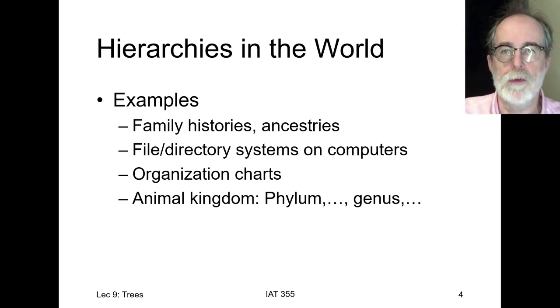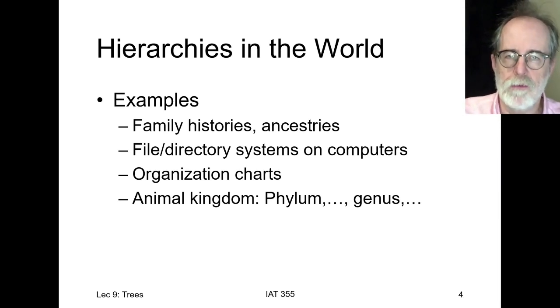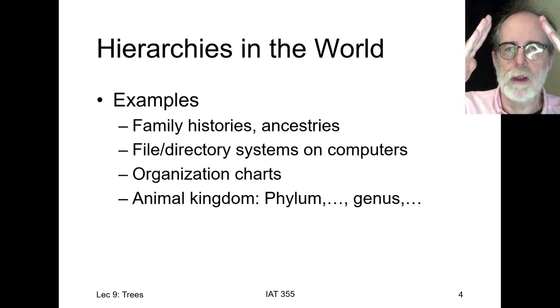Another example that we use every day is file and directory systems on computers, organization charts, as I said before, as well as taxonomies. This is a very common use for tree diagrams. That is taxonomy or organizational structure in which you have a large category, subcategories, sub-subcategories.